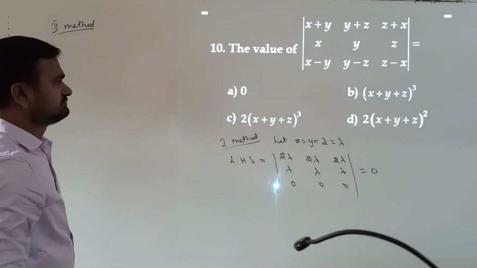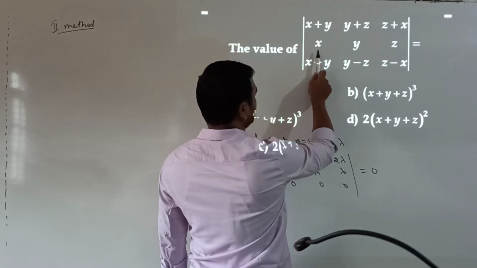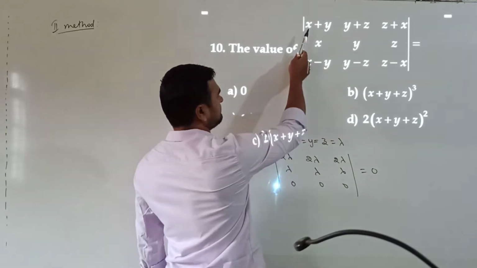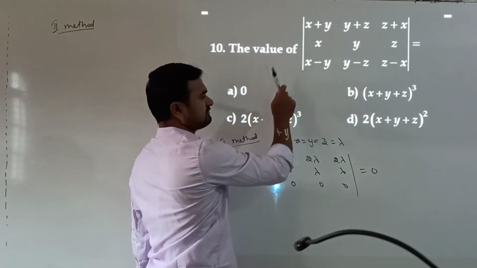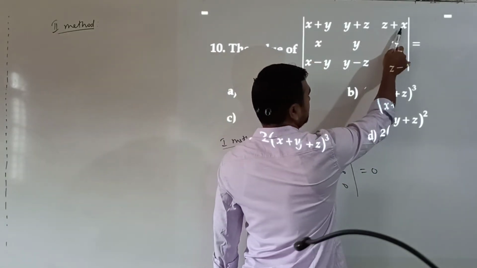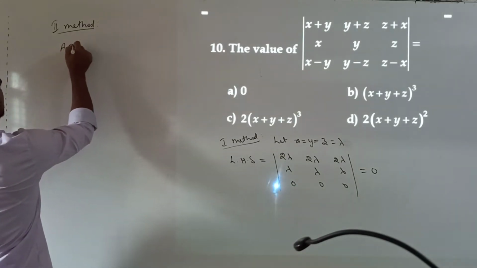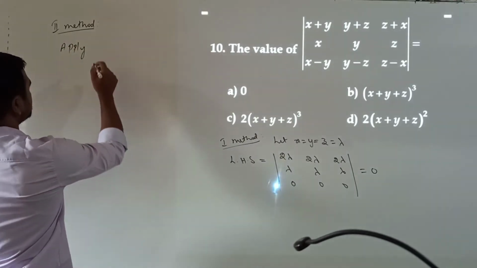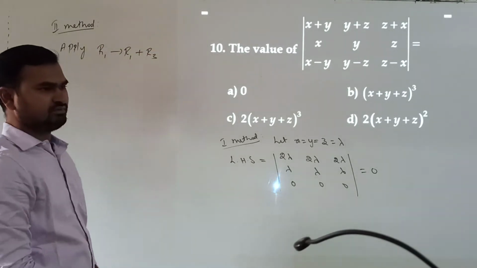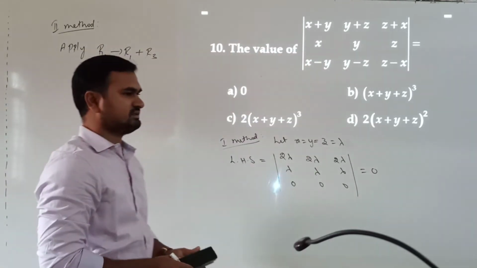Another method by solving directly. Now see the determinant here: x plus y, x minus y. Okay, so what I do is I'll add the first and third rows. Adding the first and third rows, here y will be eliminated, z is eliminated, x is eliminated. Okay, so in the given determinant, apply the operation R1 as R1 plus R3.